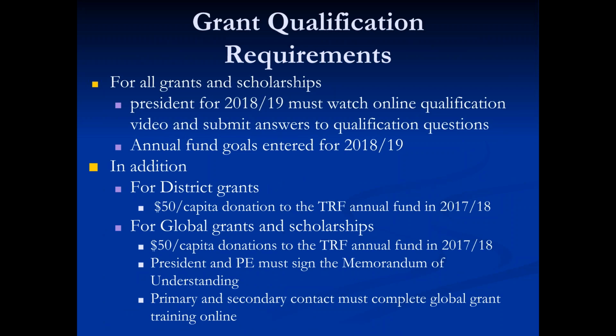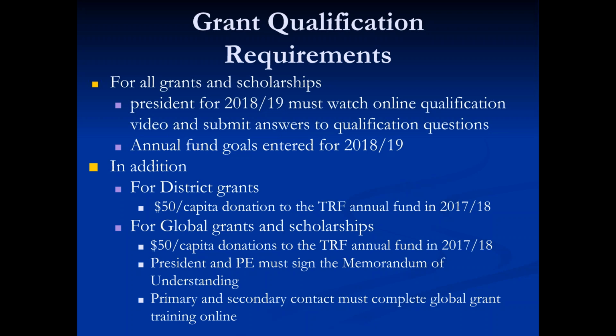So here are the total grant qualification requirements. For all grants and scholarships, the presidents for 2018-19 must watch the online video and submit answers to the qualification questions. And they must submit the annual fund goals for 2018-19, as I mentioned before. So this will qualify you for centennial grants, Rotary international grants, and literacy centennial grants.